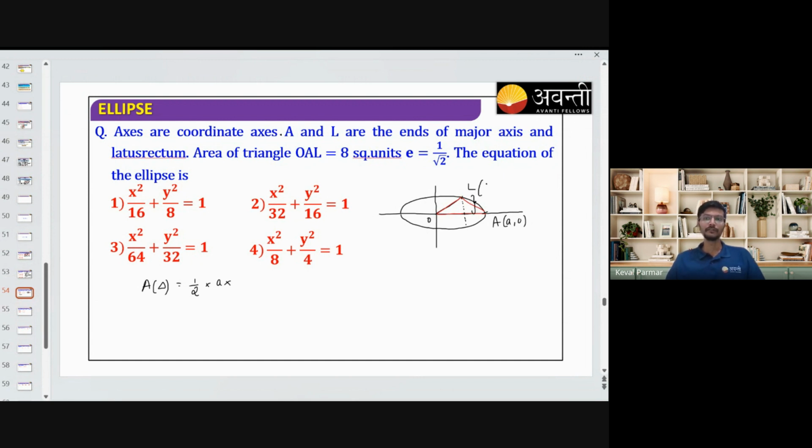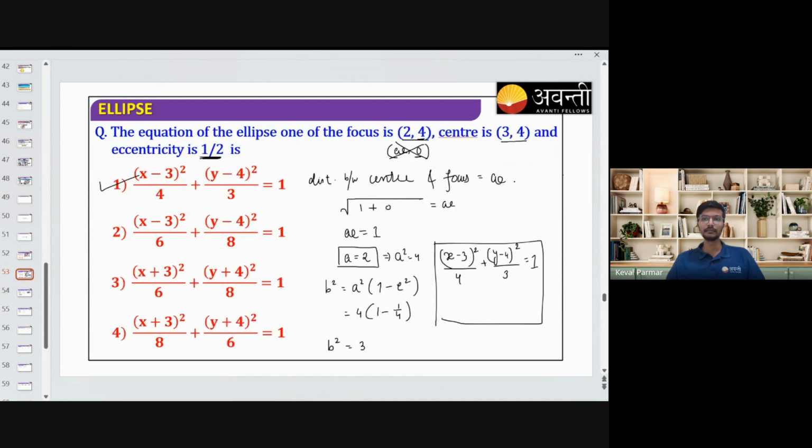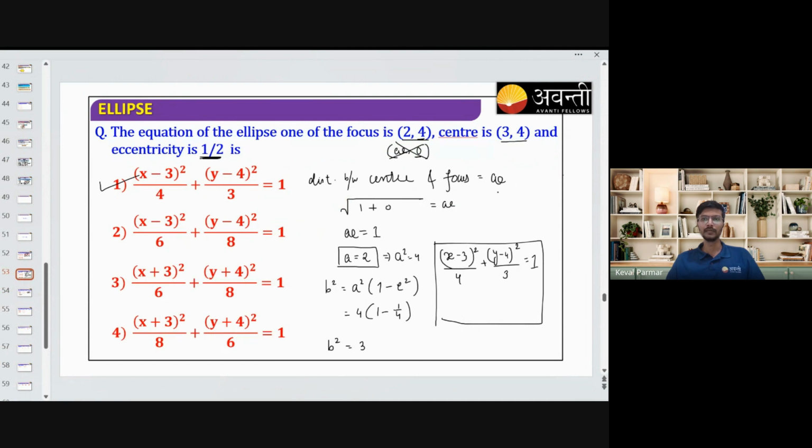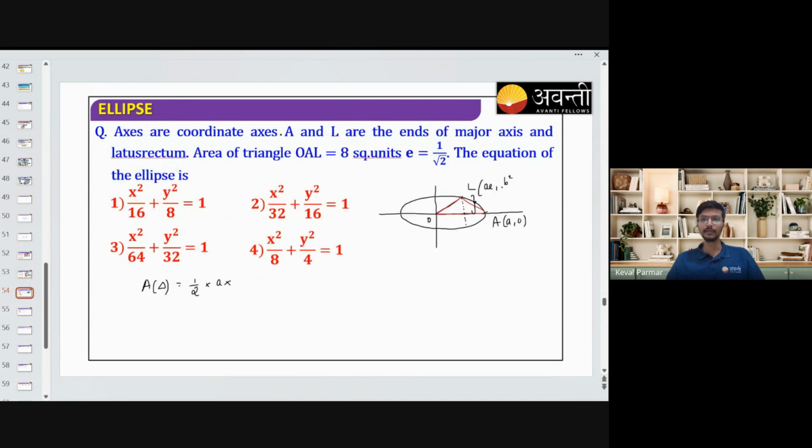What are the coordinates of the latus rectum? ae comma b square upon a. So height is b square upon a, and this area is given as 8. So a and a will get cancelled. I think I'll get b square equals 16.